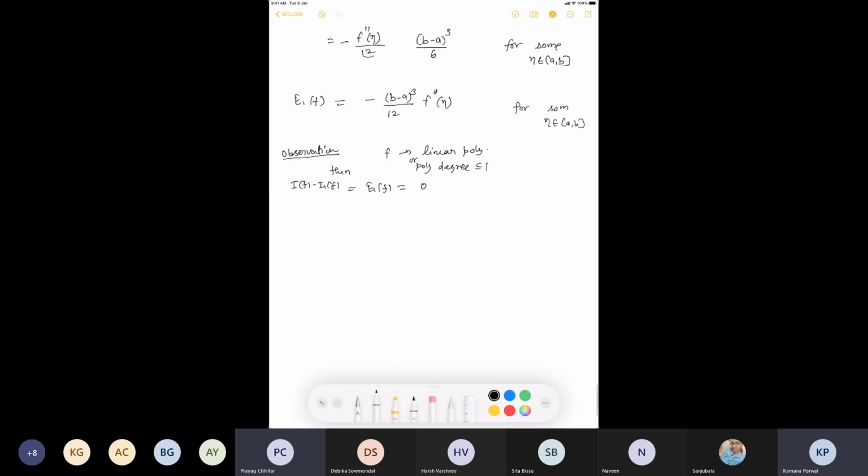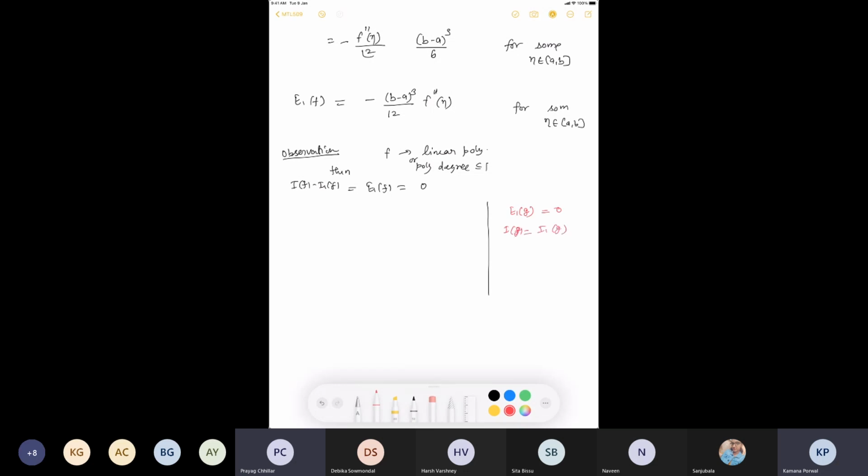Okay, so let me just explain it. Suppose you have an integration rule, and you say that the error is 0 for some function, which means that I of g is equal to I1 of g.